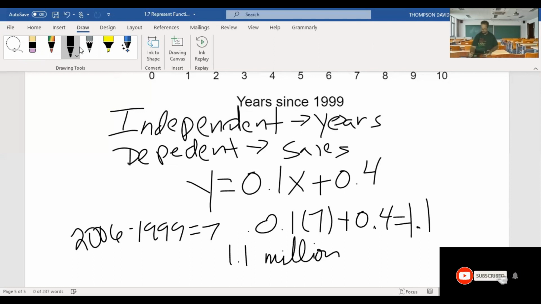So based on the slope, it should be 0.1 million more than 2005, and we are done solving this problem.